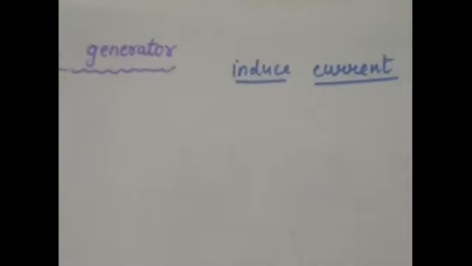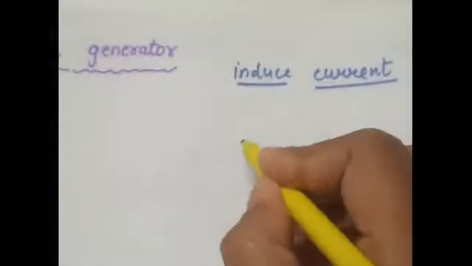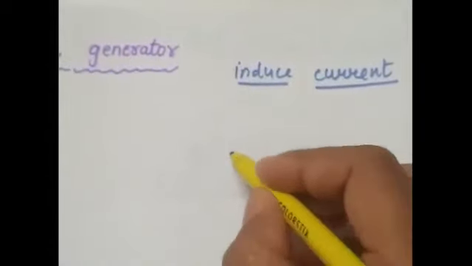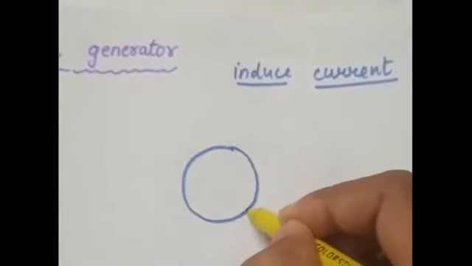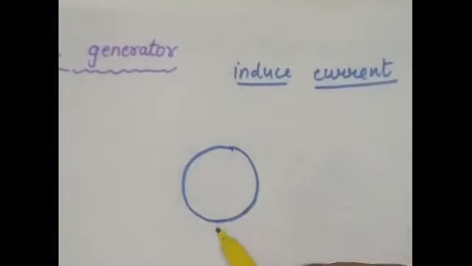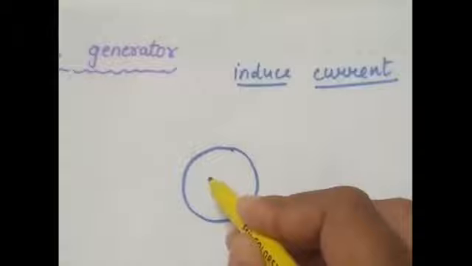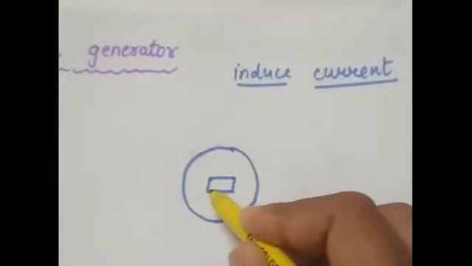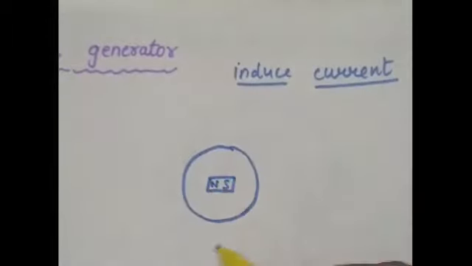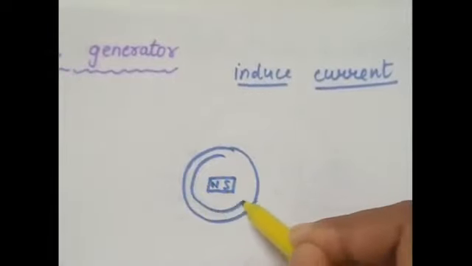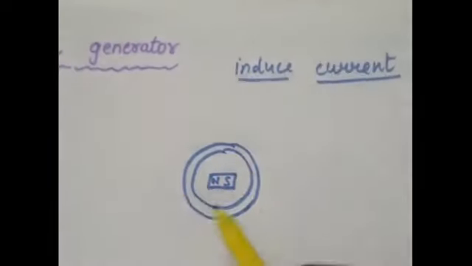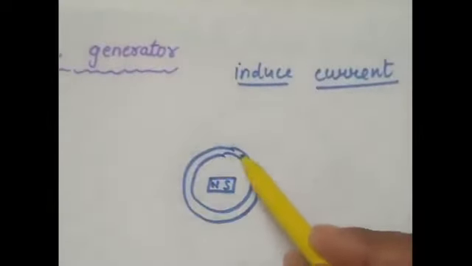The lower section view I am showing you is the portion which you see at the end. Here I have a magnet which has two poles, north and south, and inside this cup we have a coil placed.